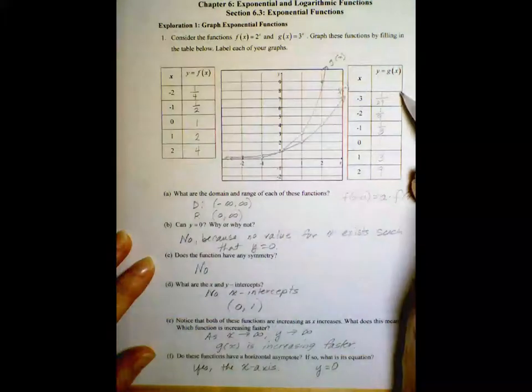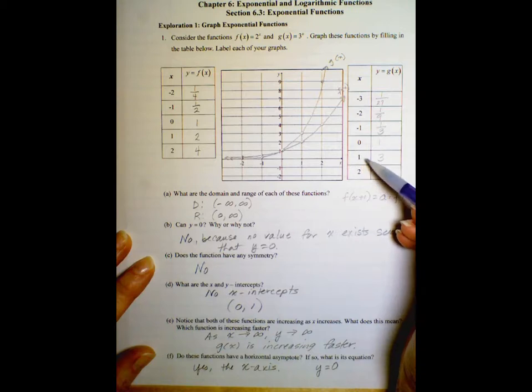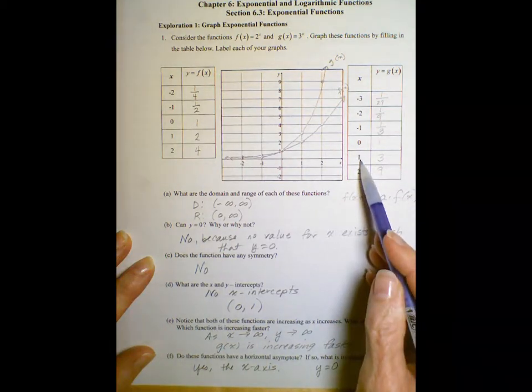Let's see if that works for the 3. We'll just get down here at the integers and look at that one. We are at x is 0. F of 0 is 1. So f of x plus 1 would be 3 because we multiplied 3 times 1.